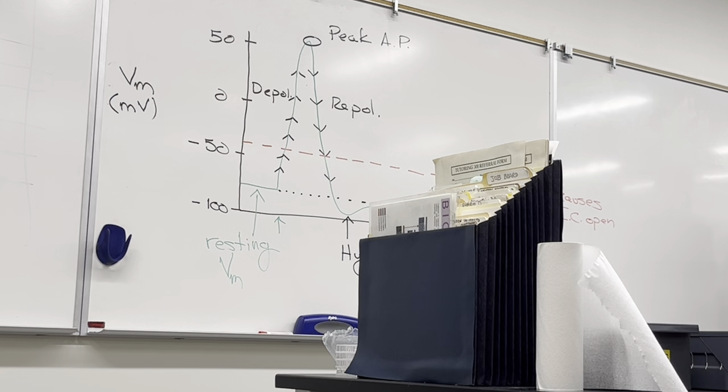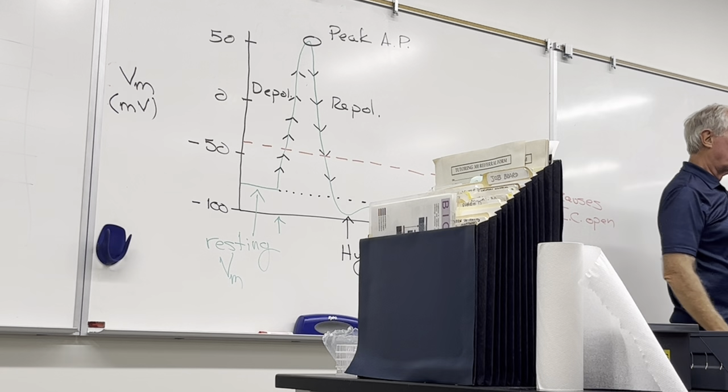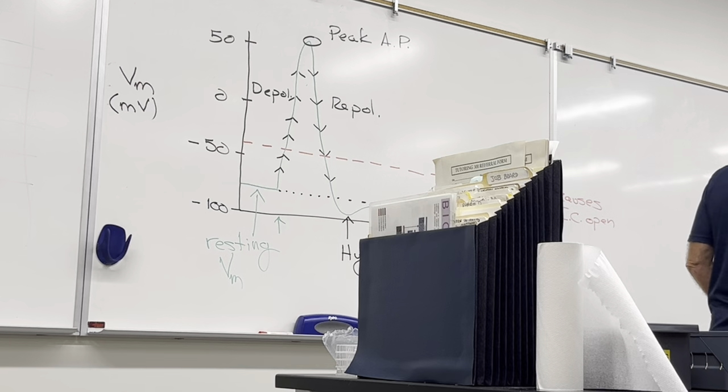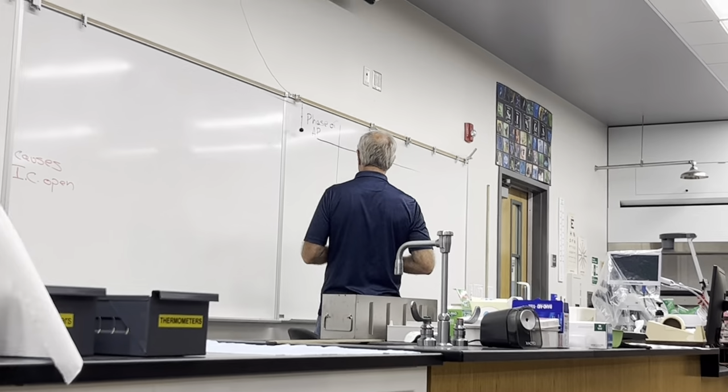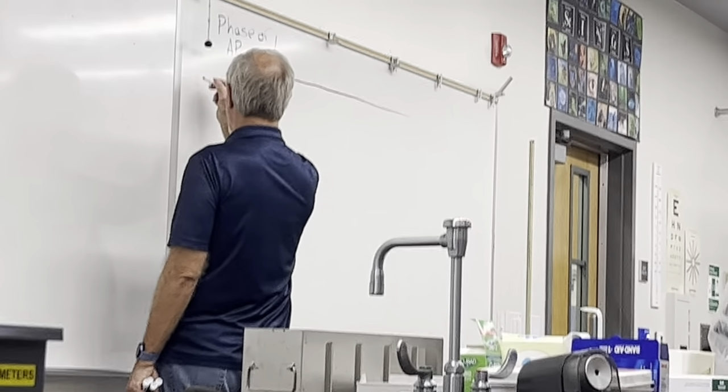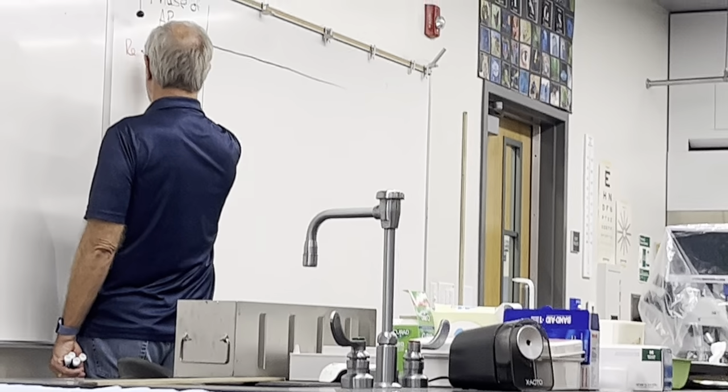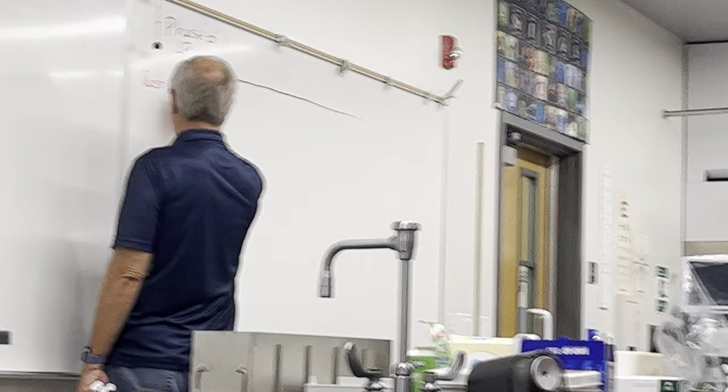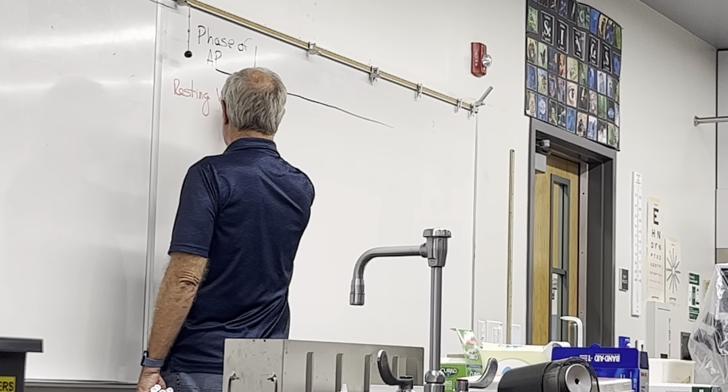So in this table, in the left-hand column, we're going to put the phases of the action potential. We'll start out with the resting membrane potential.